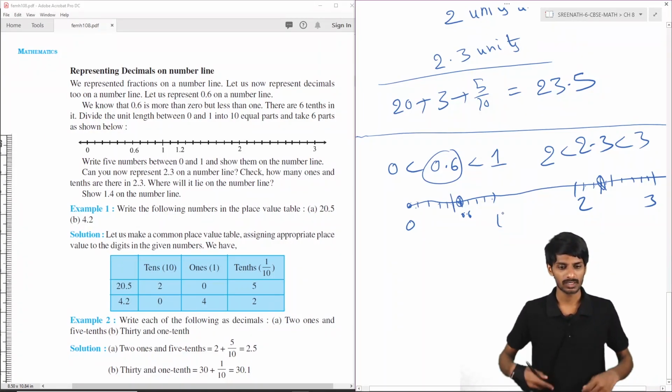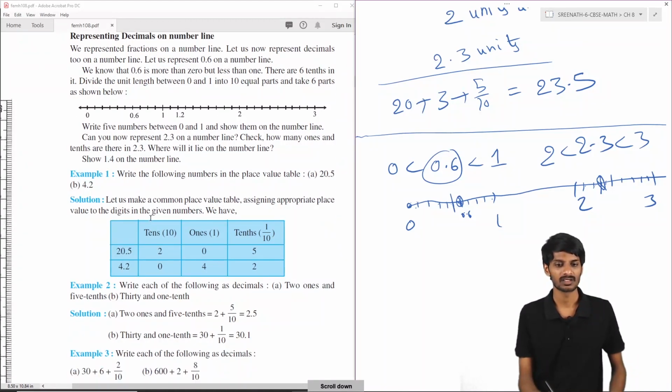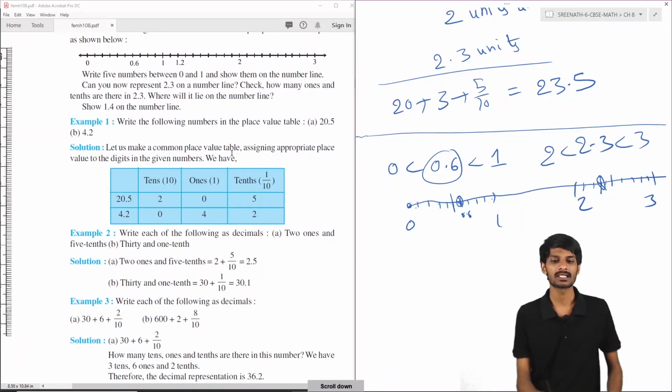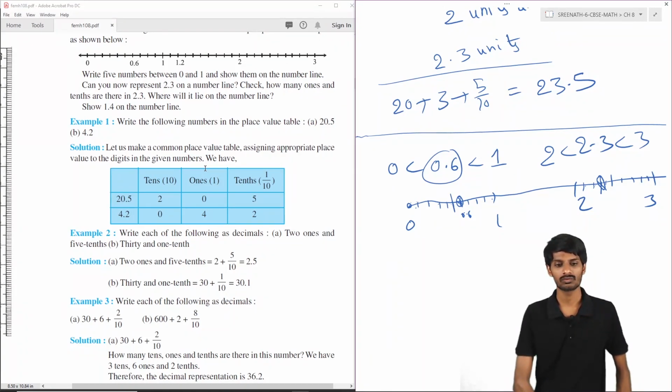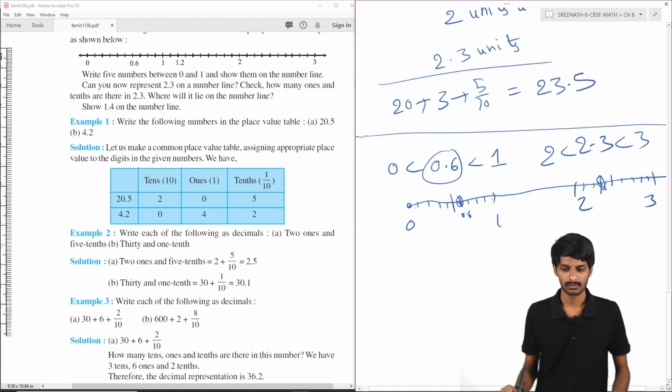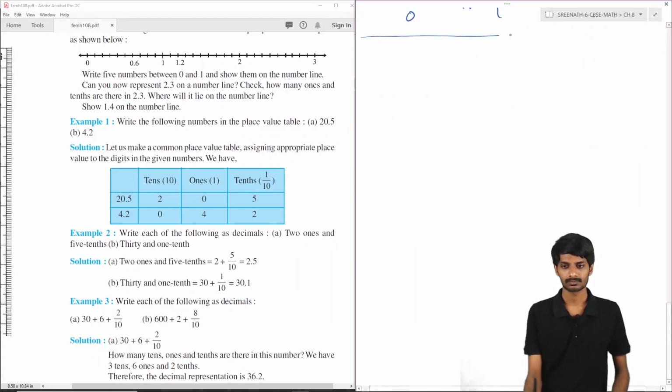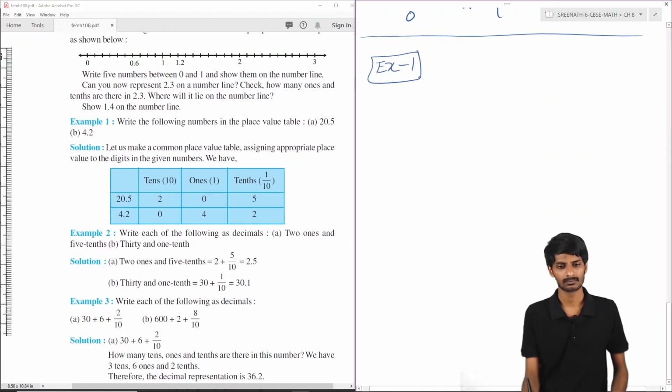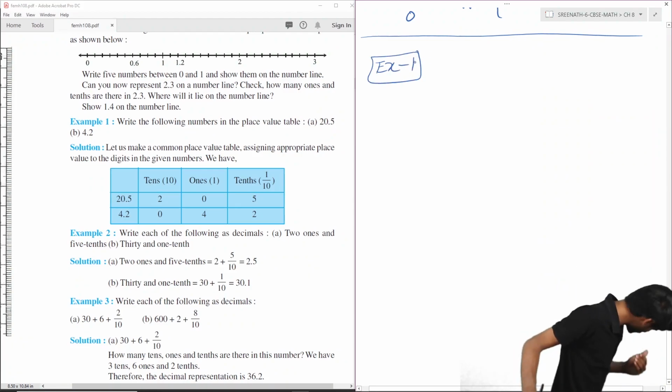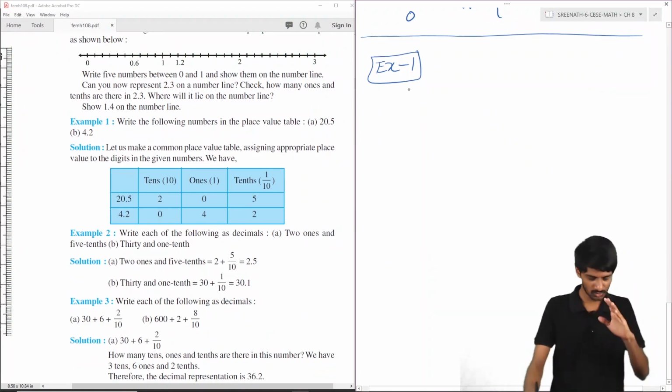Okay, so here there are examples. Example 1: Write the following numbers in the place value table: 20.5 and 4.2. So we have to do this task, students. Sorry students.